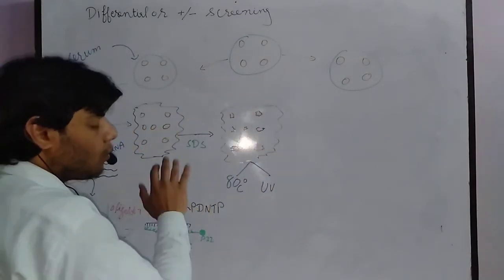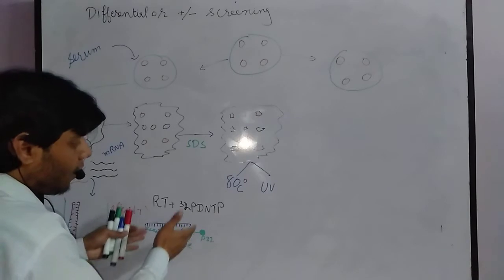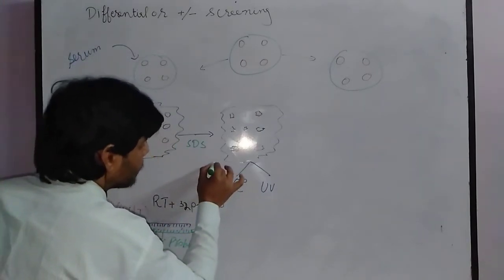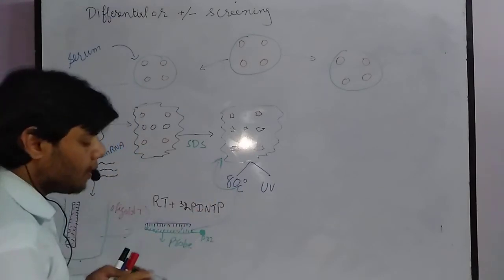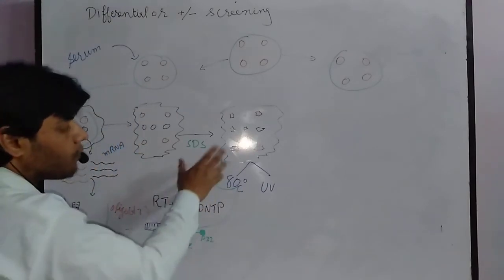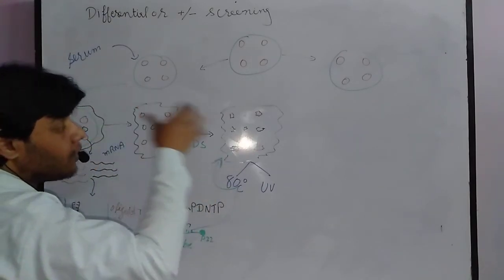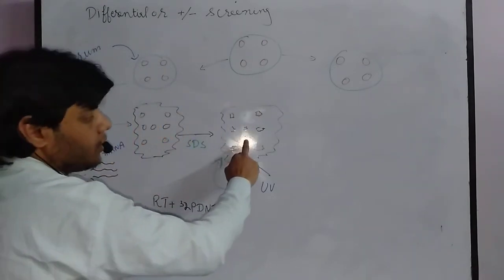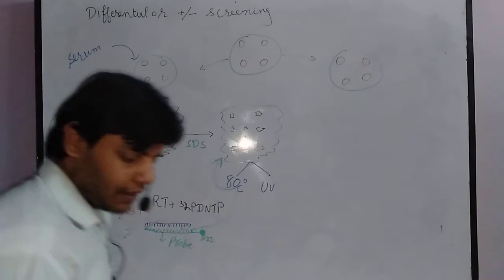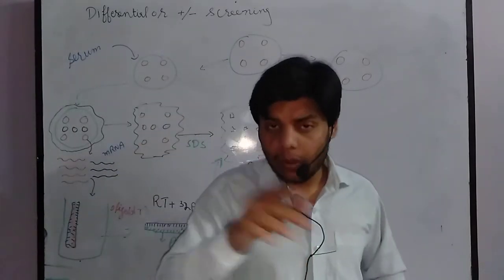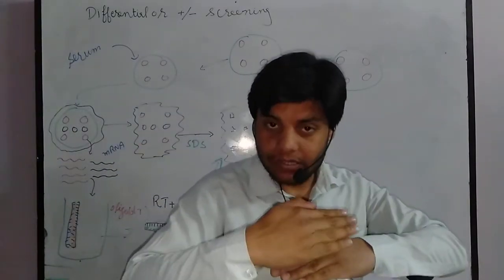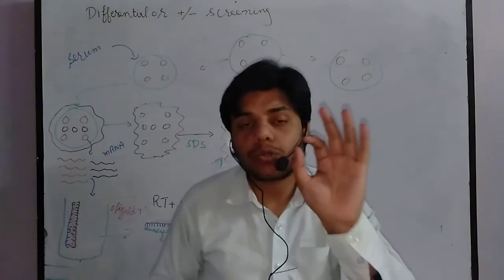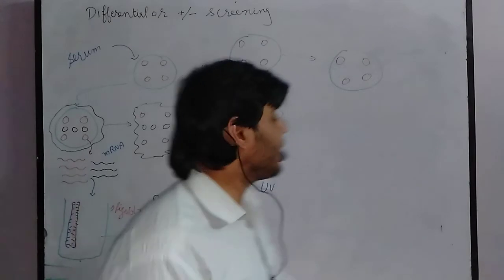After that, we add our probe. So then we add all these probes. If the probes make the complementary with any one of the colonies, let's suppose this one colony, this one colony, and this one colony, if the probes find the complementary match, then any one of the colonies shows some fluorescence onto the X-ray film.